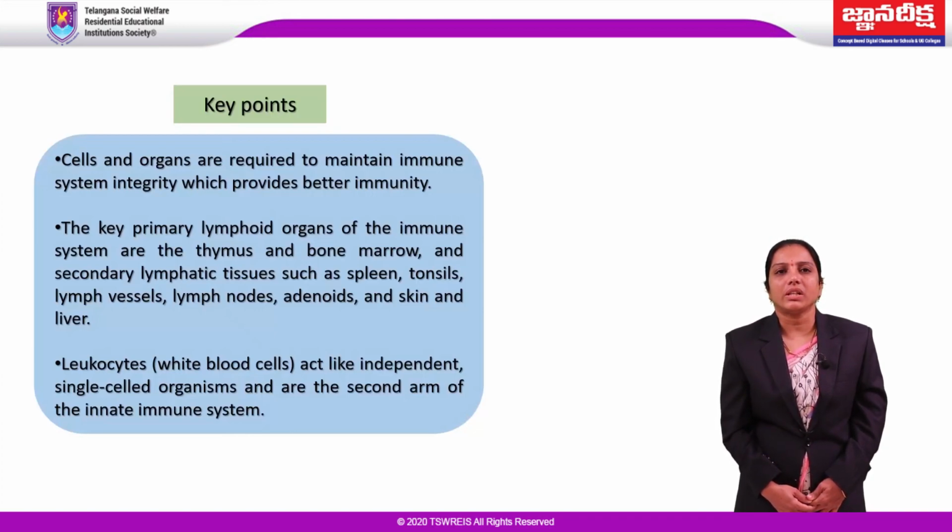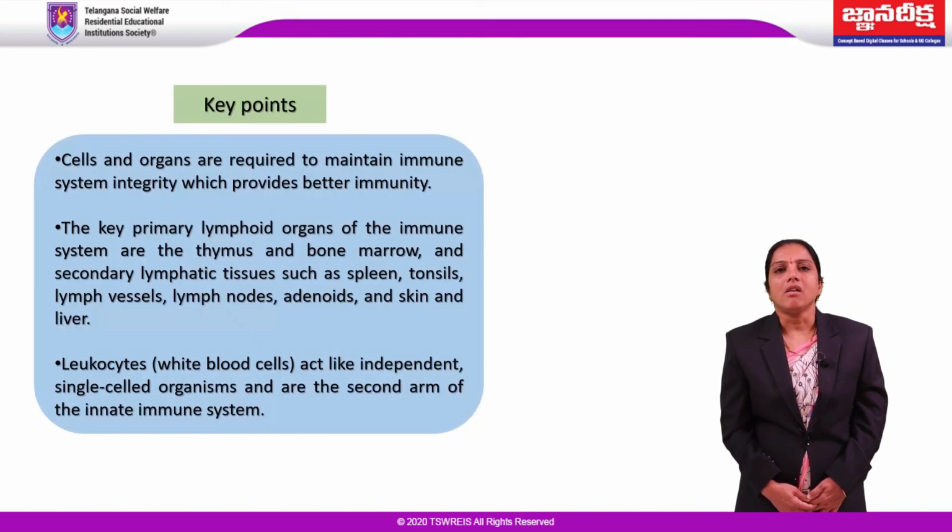So altogether the cells which interact with the organs, that is primary and secondary lymphoid organs, are involved in providing the immunity. They mature at a primary lymphoid organ, and they encounter the antigen at a secondary lymphoid organ.